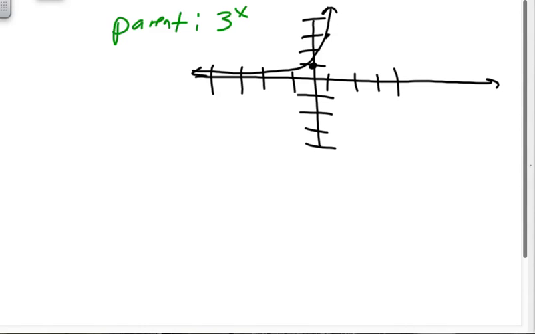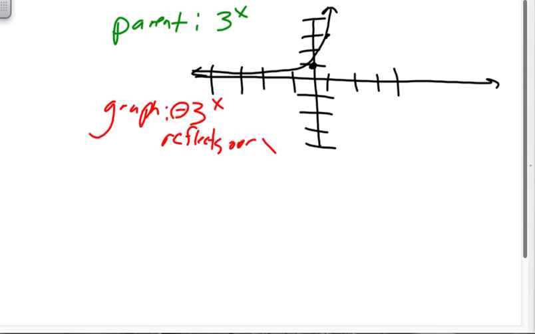We want to graph negative 3 to the x. Now we know with this negative in front of here, this reflects over the x-axis.